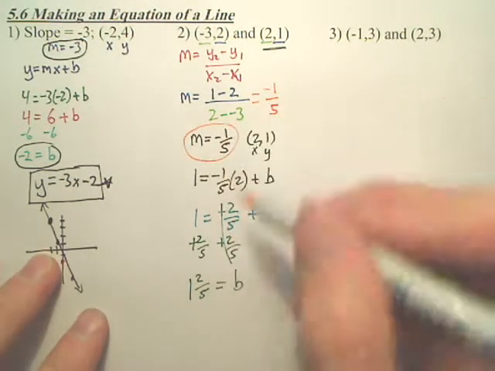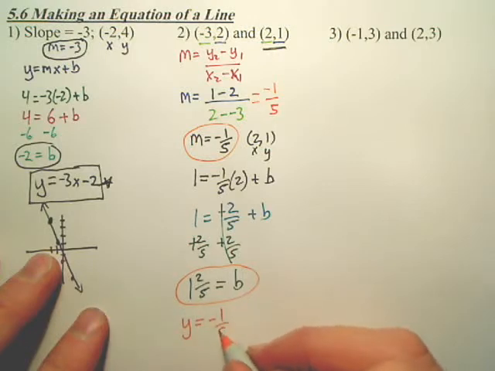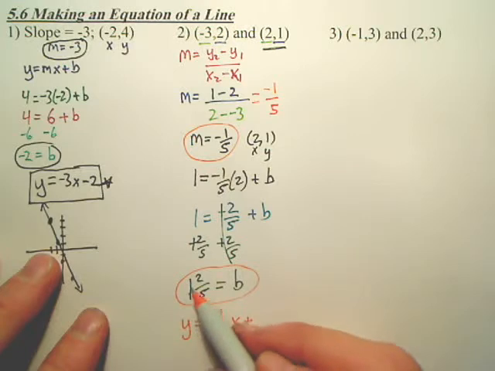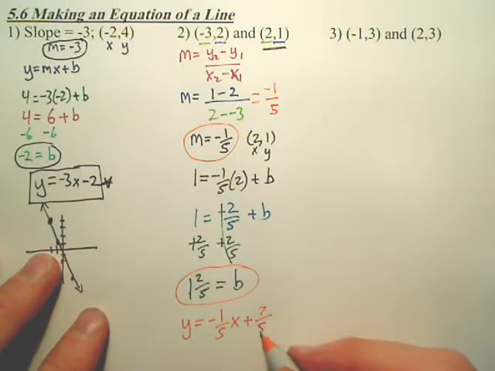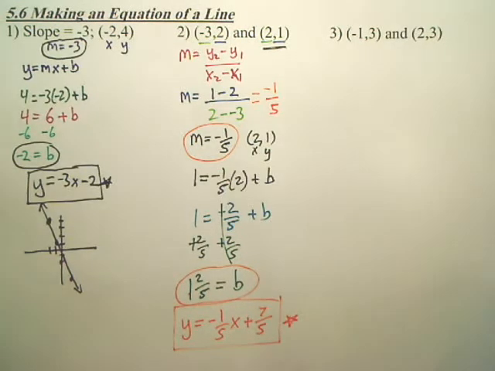So that's my m, that's my b. y equals -1/5 x plus, 5 times 1 is 5 plus 2 is 7/5. That's the equation of the line.